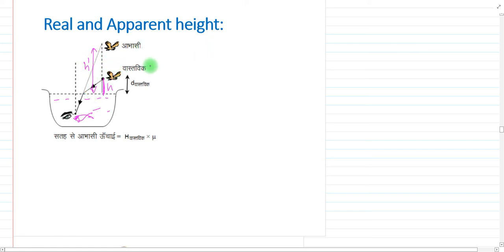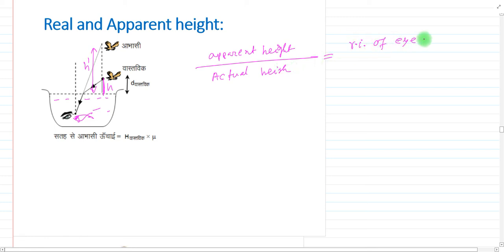And there is a relation between them also. Apparent height by actual height equals the refractive index of the eye medium by the refractive index of the object medium.